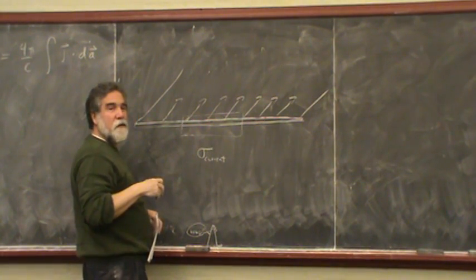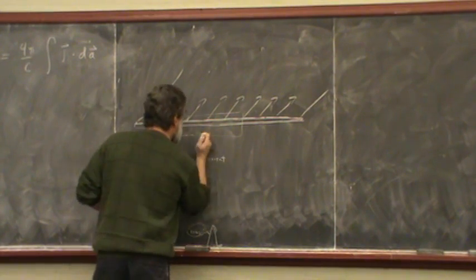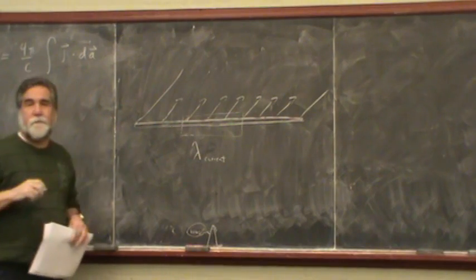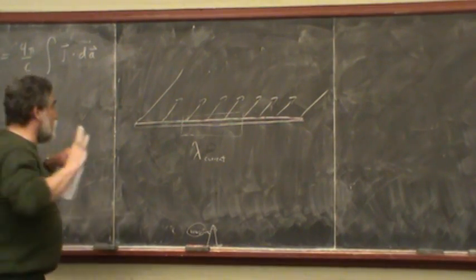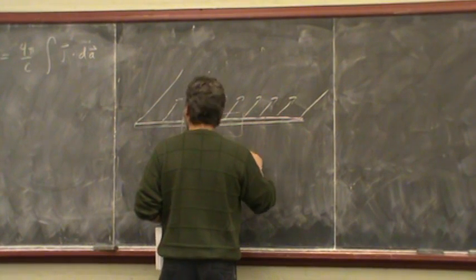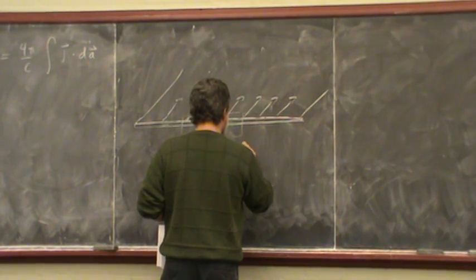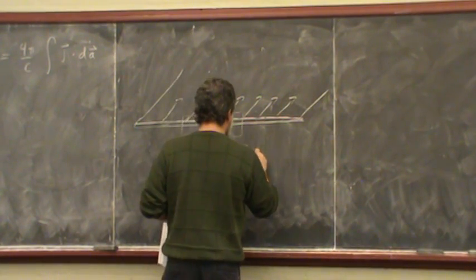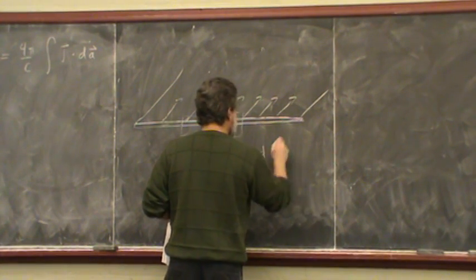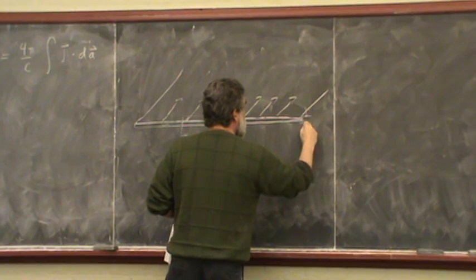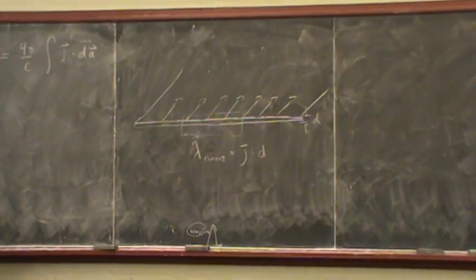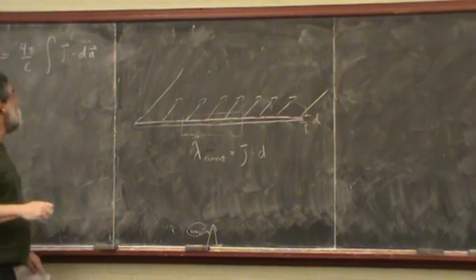Maybe I should call it lambda current. Lambda current. Okay? So I've got current density going in here, and lambda current is equal to J times D, where D is the thickness. Okay? But I'm just going to write it as lambda current there.